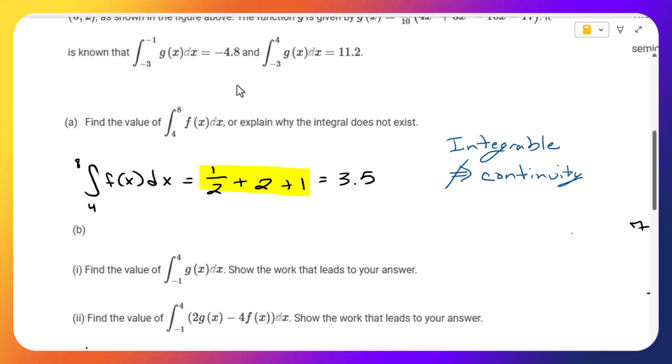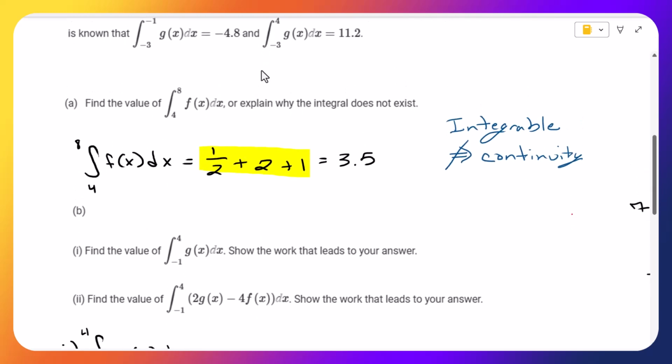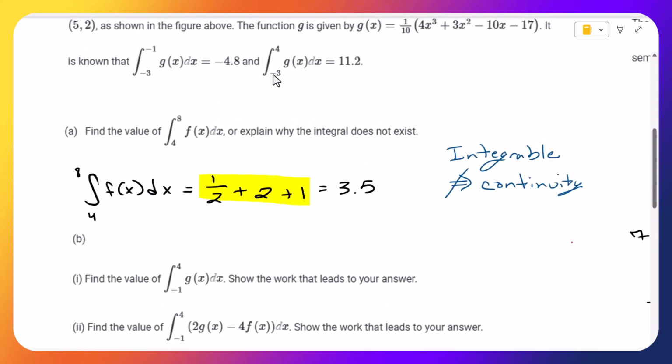I'm seeing something here. This is a large integral. From -3 to 4, that's a distance of 7. This is only a distance of 2. And we want from -1 to 4. So we want from here to here.